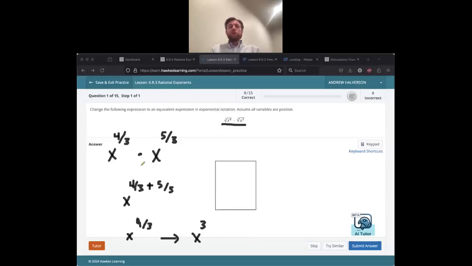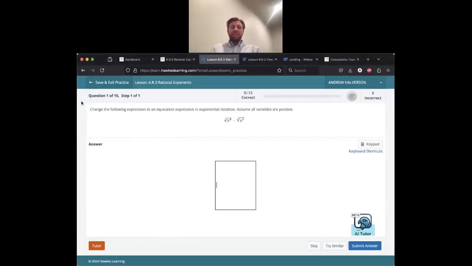So we're going to do another one. Let's do this one. Well, this one we already know. That's x to the 4/3 power. What does this one convert to? The cube root of x squared. It's going to be x to the 2/3.